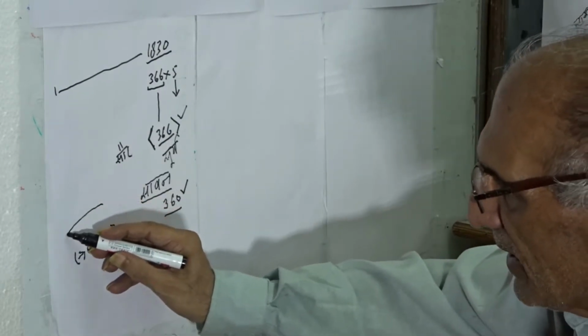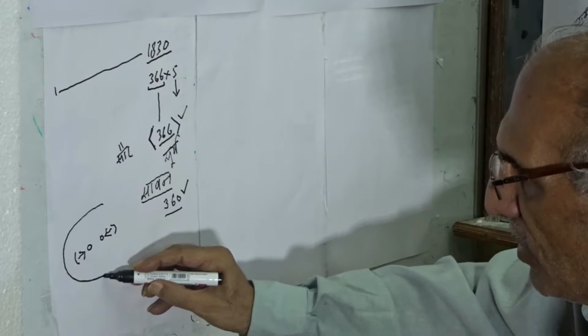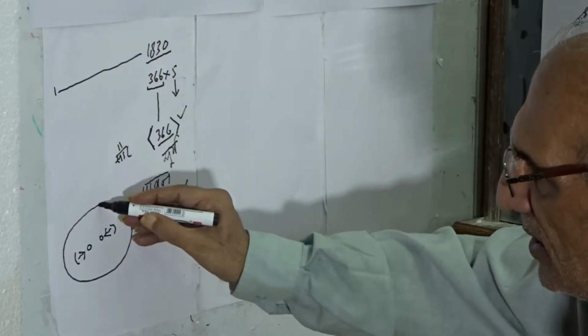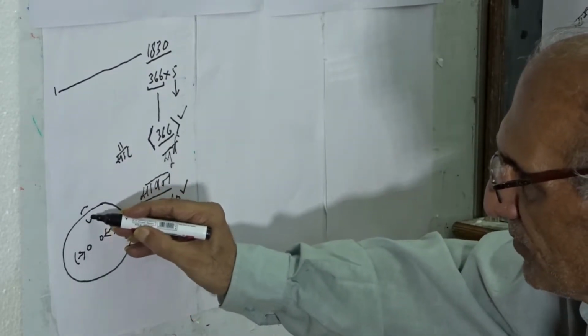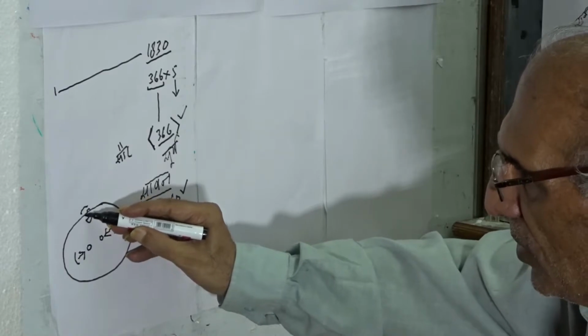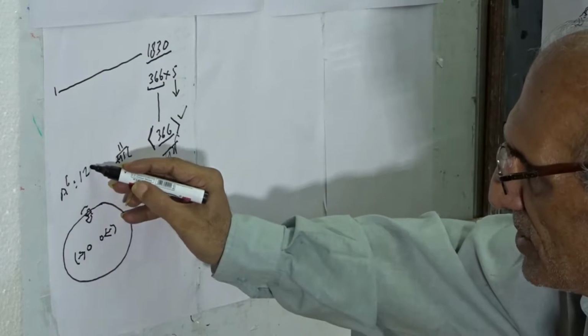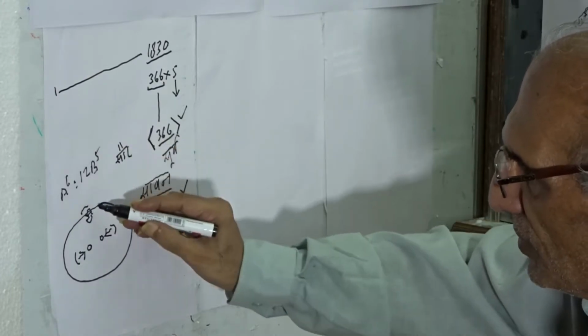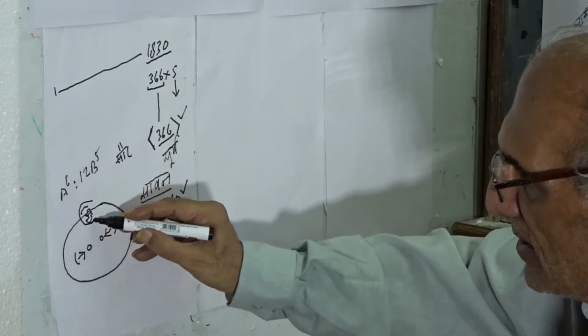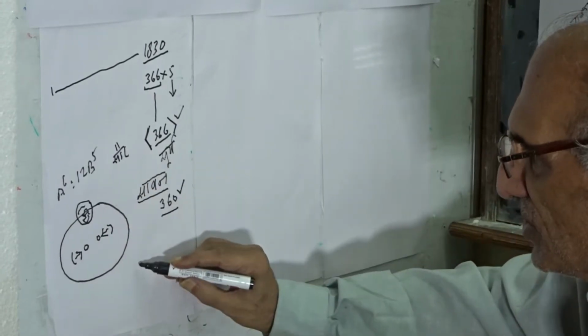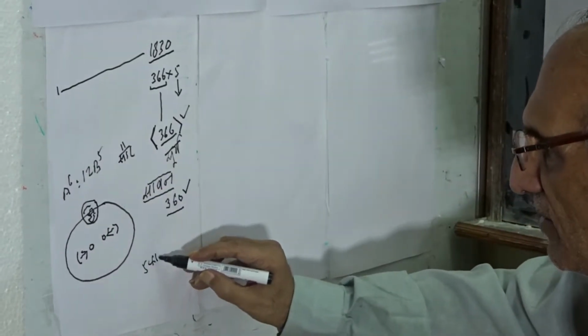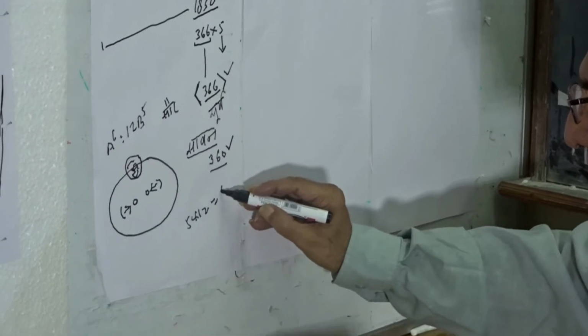is enveloped by a transcendental boundary, Akash Tattva. It is this Akash Tattva, and we know it is A raised to power 6 is to 12 B raised to power 5. Therefore, these 12 components will have a fixation in 5 into 12 is equal to 60.